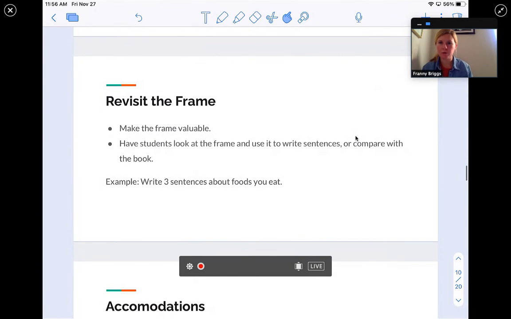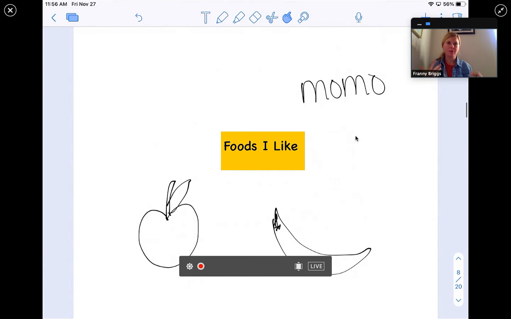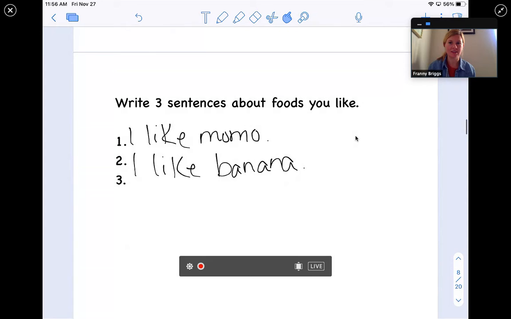So that's what we just talked about, revisiting the frame. Anytime that you attach value to what the students created, it's going to make it more meaningful. If you just had them draw pictures of food, that would be a fine activity. But when they have to go back and look at their telling frame in order to write sentences, then it really has some value.